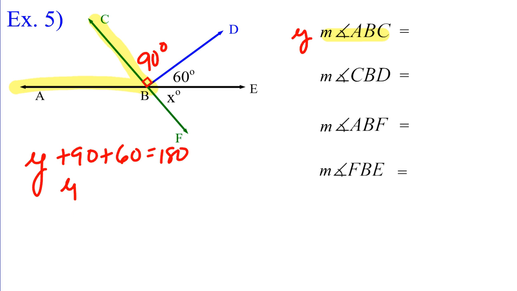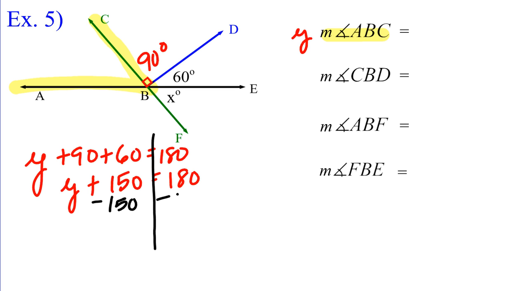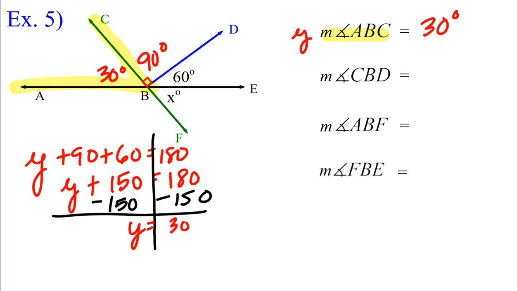So when we combine like terms, 90 and 60 give us 150. We're going to subtract 150 from both sides. And we find out that y equals 30. So we now know that this right here is 30 degrees. So we're going to write 30 degrees. We've got that one figured out.